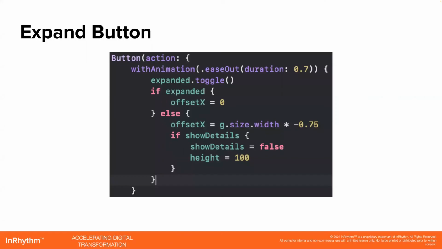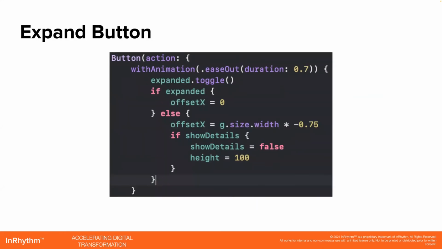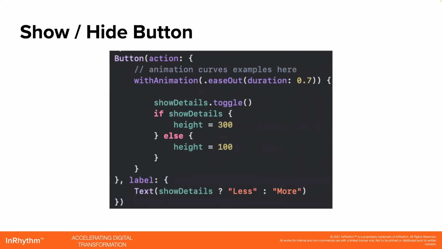So in this particular case, we're going to take advantage of 2 separate animations related to the same view, all utilizing the offset values on the view. So in this first case, we're going to expand something left to right, and then in the second case, we're going to expand something up and then down.